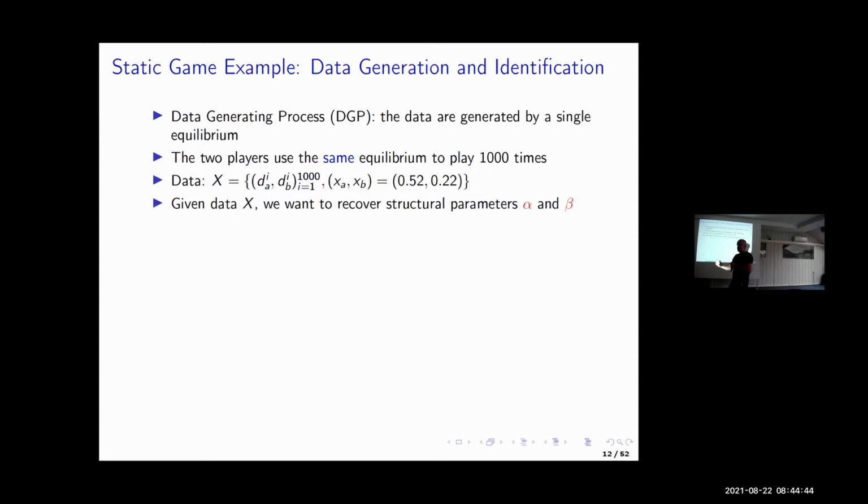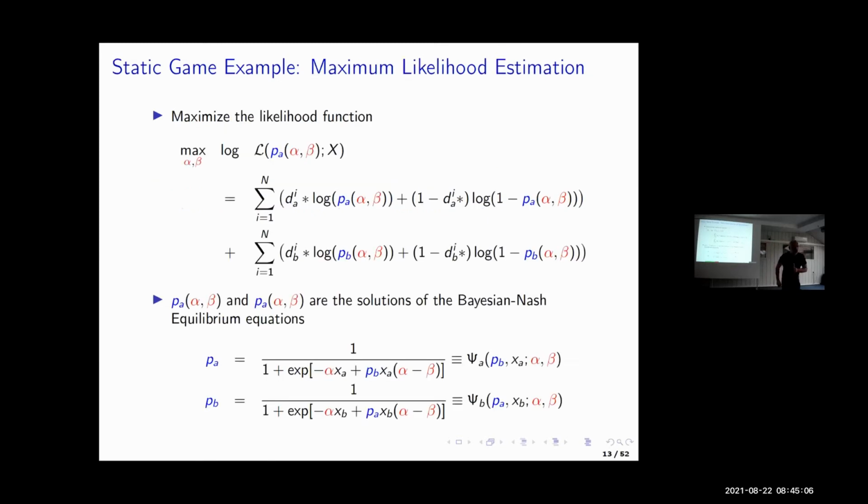Okay, we can certainly learn and estimate these strategies, the P's. That will be a little bit like the CCP estimation, right? But then we want to go a step further and see, could we learn about the parameters in the payoff functions from all this data? So we might want to do maximum likelihood.